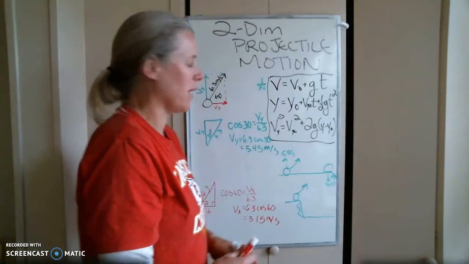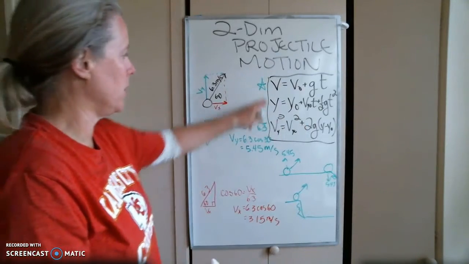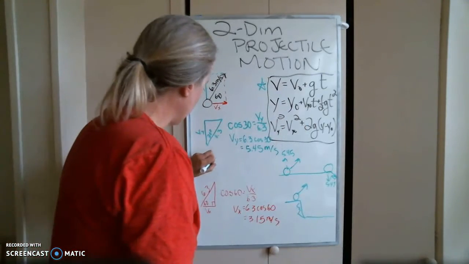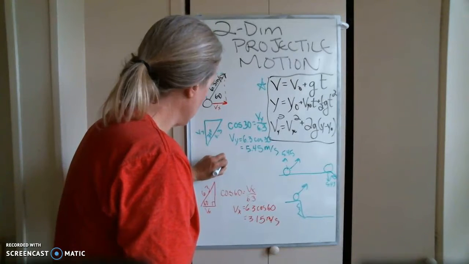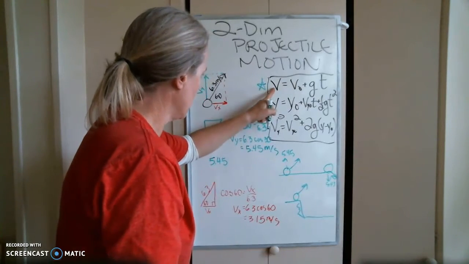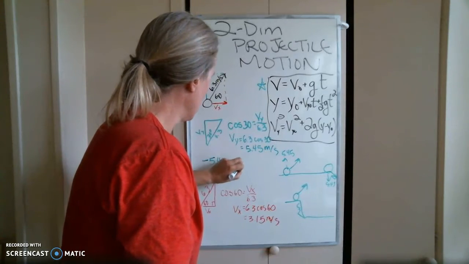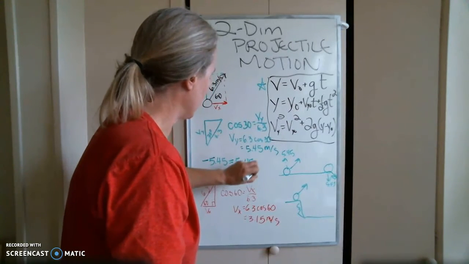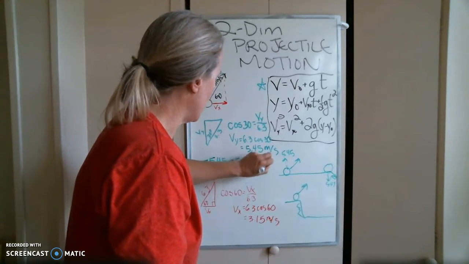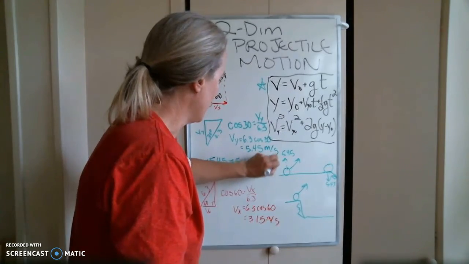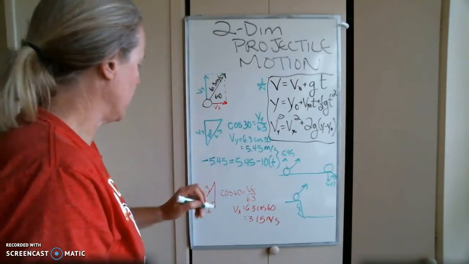This has got a time squared. I don't really love that, so I'm just going to go with the easier one. I've got a 5.45 initial velocity, and this is my final, negative 5.45. That's where that negative went. I've got a negative 10 meters per second squared, and I want to know how much time I'm in the air.